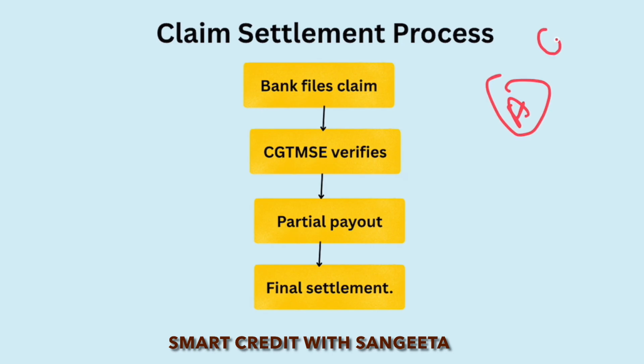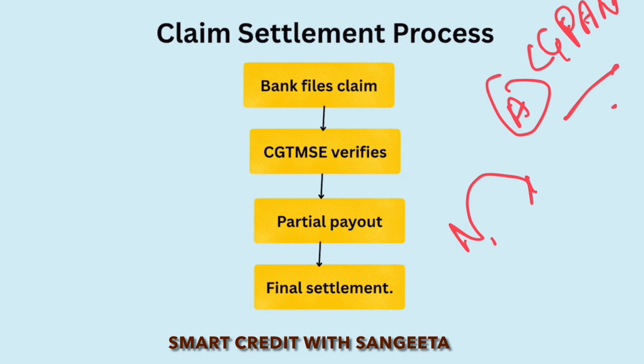Your CG PAN was valid when your account turned NPA. Okay, the lock-in period of 18 months is counted from the date of last disbursement of the loan. Say your loan was disbursed 18 months prior. Okay, then only your guarantee will be settled.